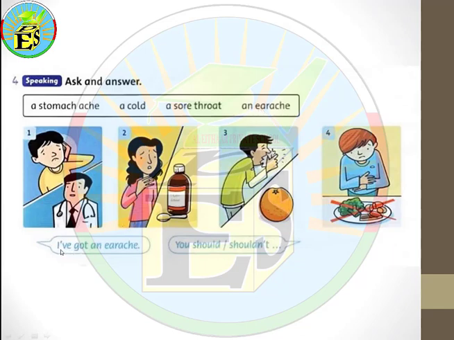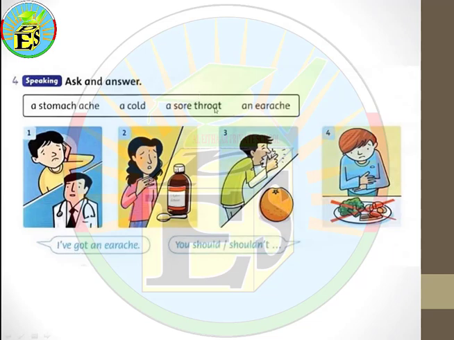And now we will speak. I've got an earache, the boy says. The doctor answers him, you should or you shouldn't. Well, the correct answer is you shouldn't hear loud music. Picture number 2. This girl is putting her hand on her neck. Her throat hurts. She has got a sore throat.